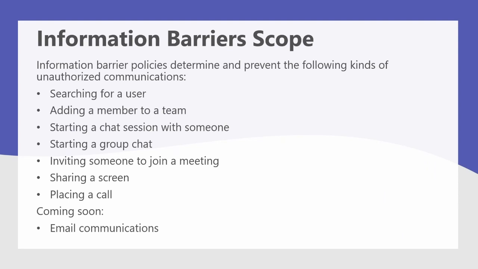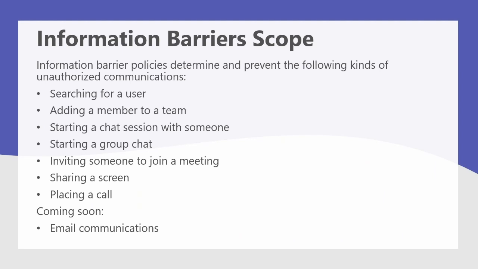Information barriers are currently available for Teams chats and conversations, and meetings, and other types of actions in Teams. It's in preview for being able to prevent access for SharePoint files, and it's going to be coming soon for email. So keep that in mind when you're planning these.